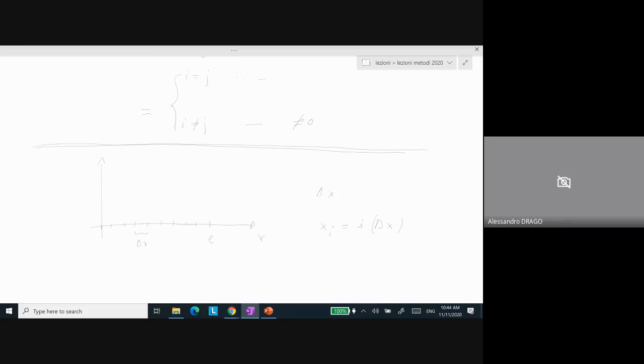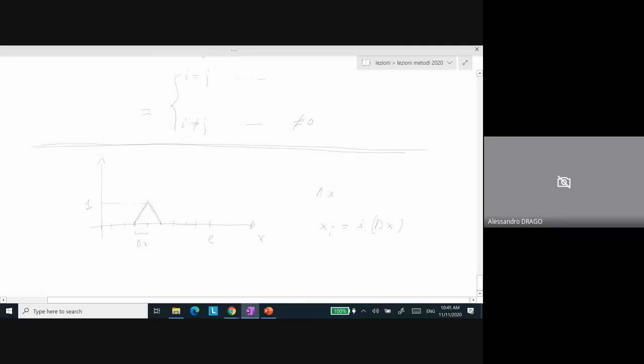And so, as I said, the idea of this piecewise polynomial is to write a function which is a polynomial, but then set this function identically equal to 0 outside of a certain range. So, for instance, the simplest possibility is the following. I take these 3 points here, and I build a triangle. Why do I do this?